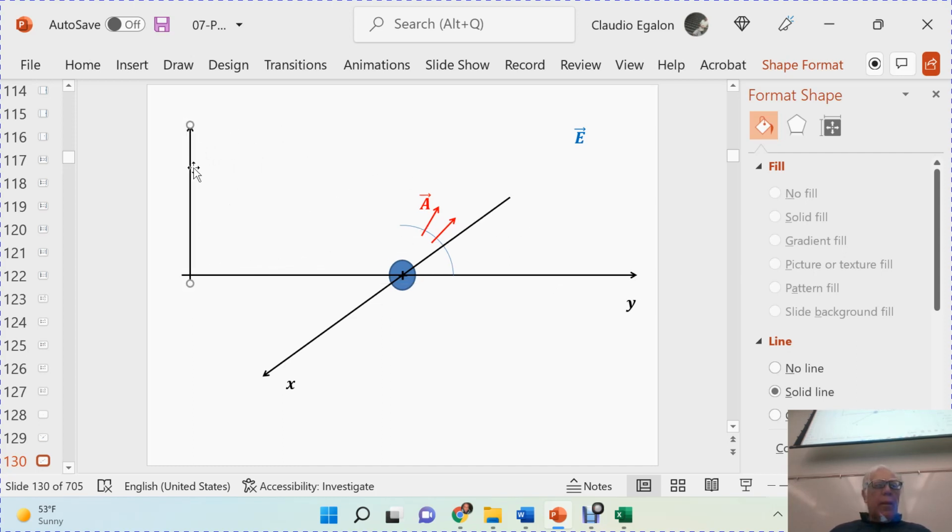How many quadrants do we have here? Let's count them. Okay, we have this one here, 1, positive y, negative x, positive z, 2, 3, 4. One, two, right?